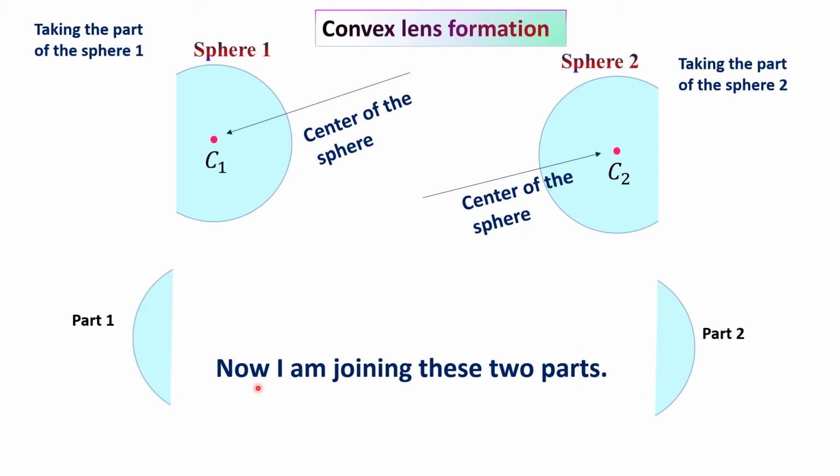See here. Now I am joining these two parts. This is part 1 I have cut from the sphere 1, and its center of curvature is here, C1.